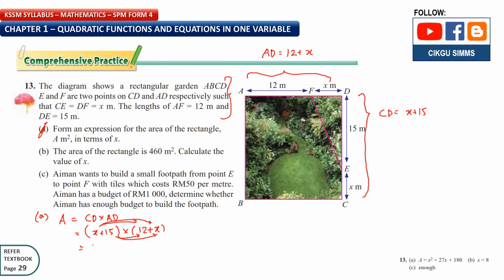If you want it to be easier, you can write x plus 12, and you will get the same thing, but you will get messy things like this. So 12x plus x squared plus, 15 times 12 is 180, plus 15x.